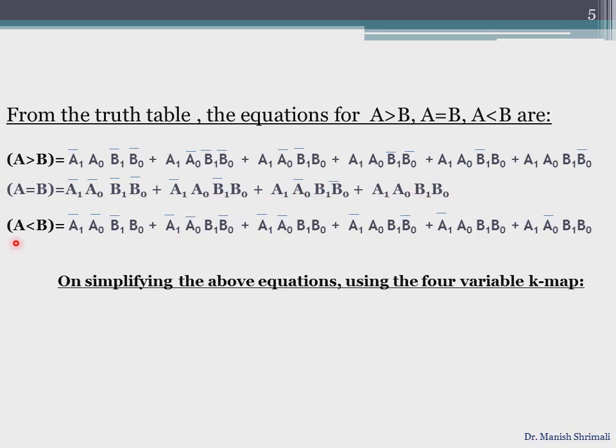Then for A less than B, we have A1 bar A0 bar B1 bar B0 plus A1 bar A0 bar B1 B0 bar plus A1 bar A0 bar B1 B0 plus A1 bar A0 B1 B0 bar plus A1 bar A0 B1 B0 plus A1 A0 bar B1 B0. So this is how we have written the three equations.